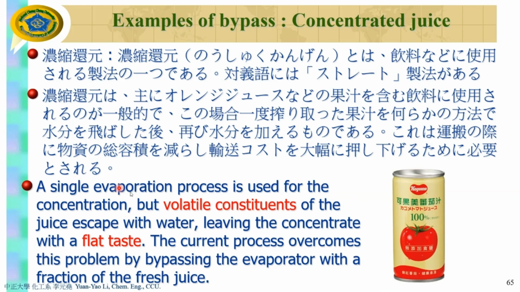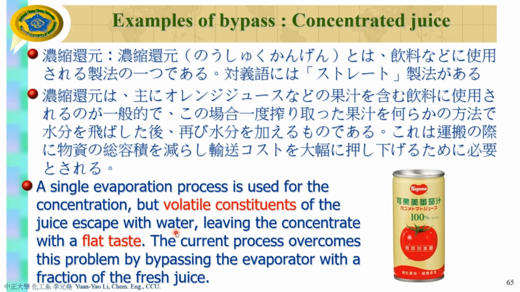Because a single evaporation process is used for the concentration, but volatile constituents of the juice escape with the water. You want to take some of the water away from this juice and ship it from one place to another, like from Japan to Taiwan. Of course, you want to concentrate it. You don't want to ship a lot of water from the United States to Taiwan. Water is heavy and costs money.